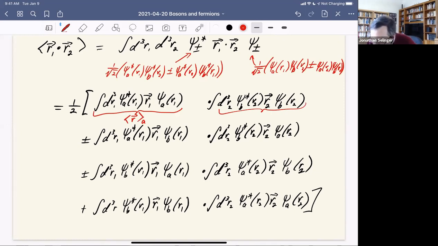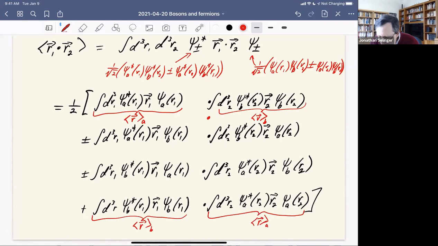It's the average of R, but now associated with the state B. So the dot product of those things. Down in the bottom, this is the average of R associated with state B. This is the average of R associated with state A.